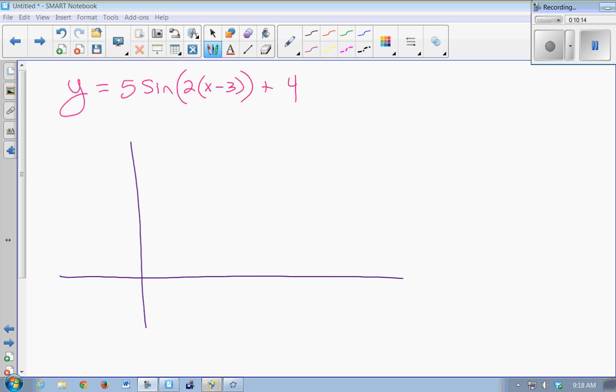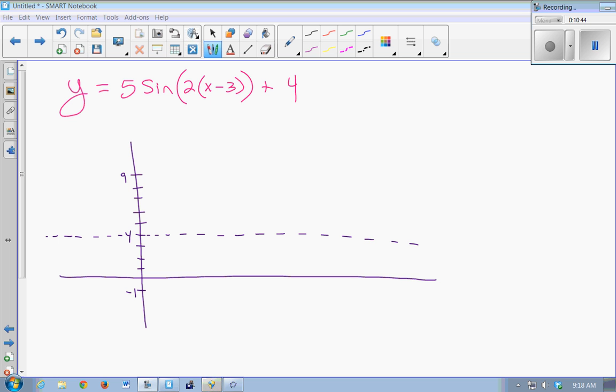So here are my axes, and then I'm going to put the midline at 4. All right. And then my amplitude is 5, so I have to go up 5 and down 5. So 5, 6, 7, 8, 9. And my low point will be at -1.